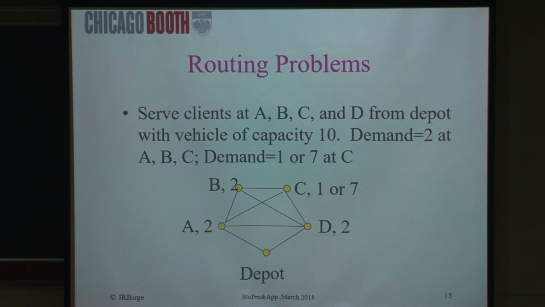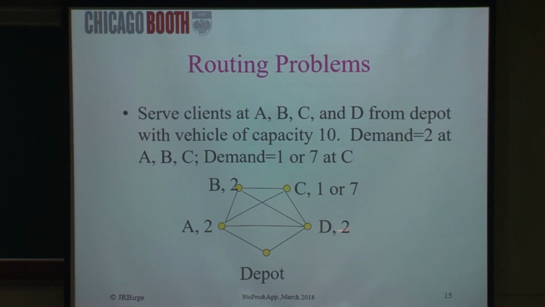So I don't know what's there now. So I have uncertainty about how much I have to deliver to C. And just to give it some breadth of the distribution, I'll say it could either be 1 or it could be 7. These others I know are all 2.